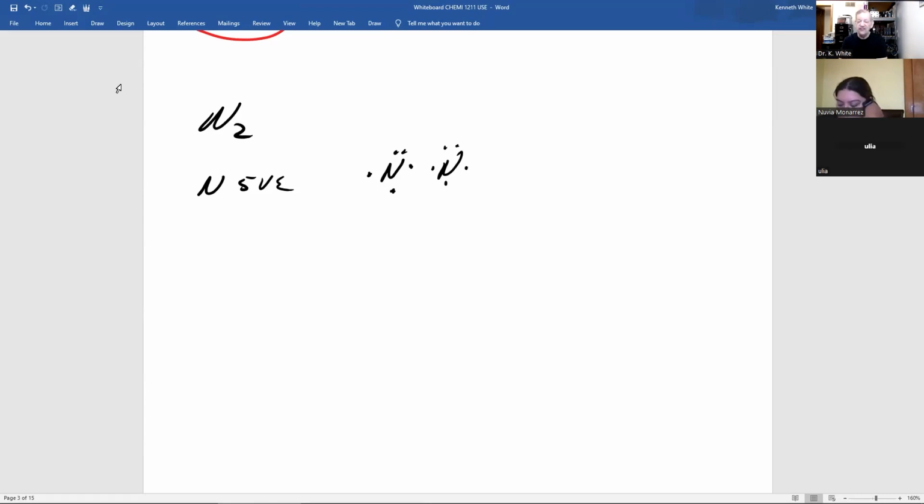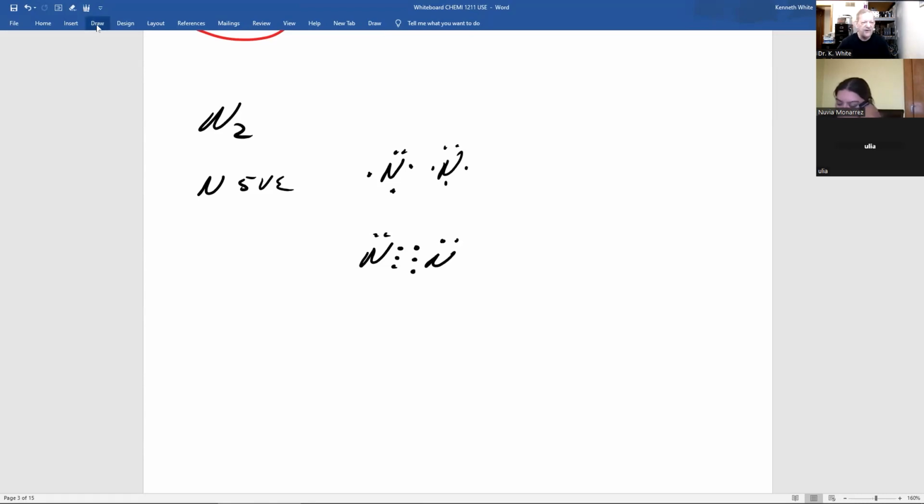And one nitrogen says to the other, hey, I have 3 unpaired valence electrons. You have 3 unpaired valence electrons. Let's share. And guess what? They do. So this nitrogen shares 3 unpaired electrons with this one, and we're done.